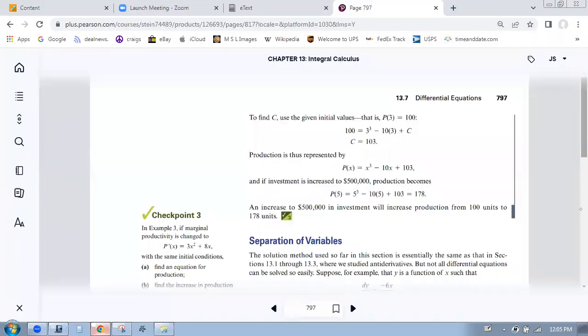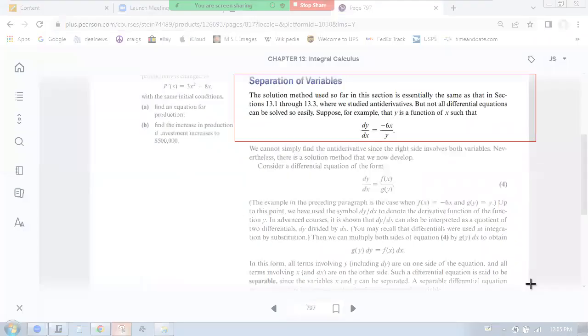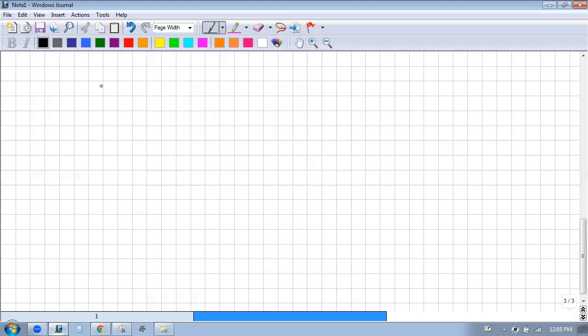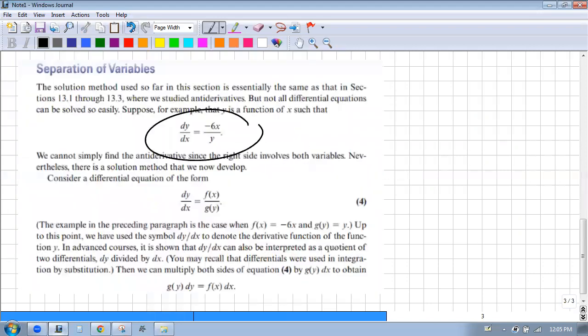Separation of variables. So this is cool. Get some new math here. And this is not complicated at all. Sometimes you start off with an equation like this. Y'all are used to dy dx equals, like that last one was like negative 6x.